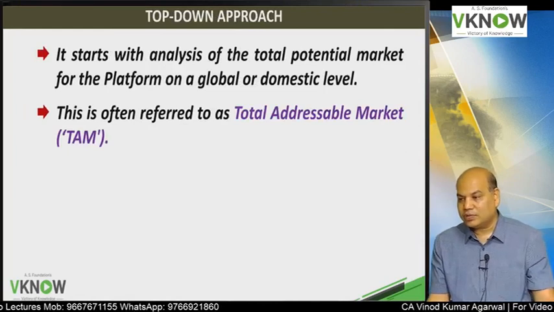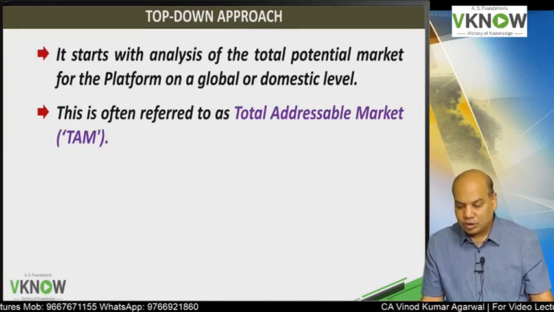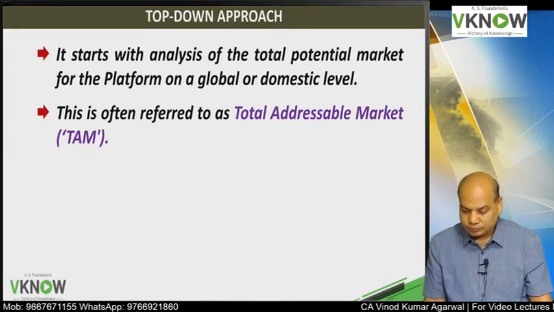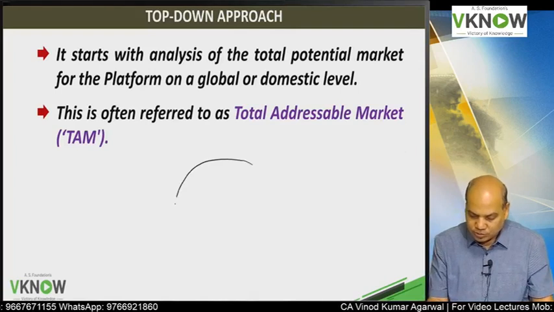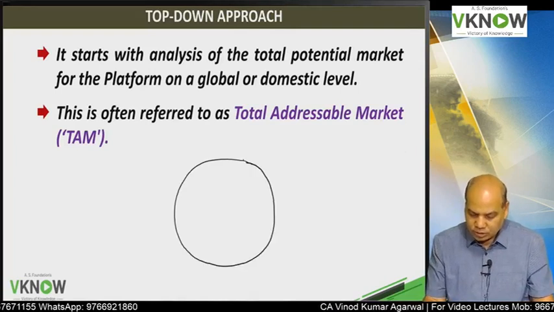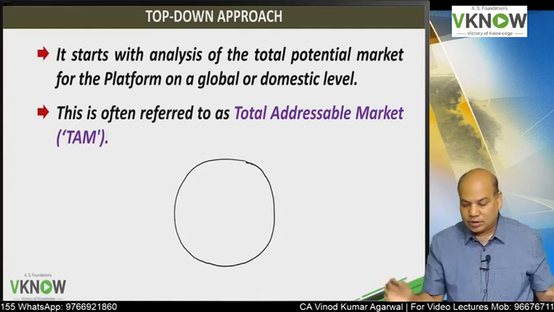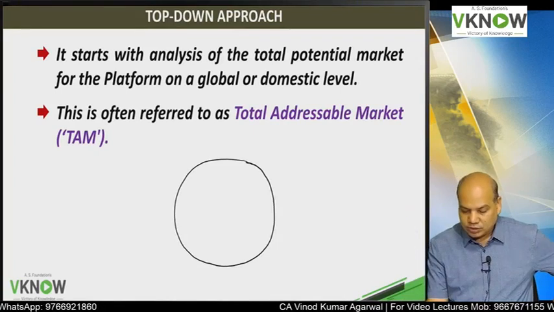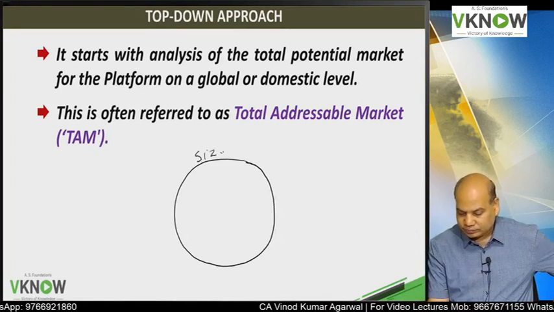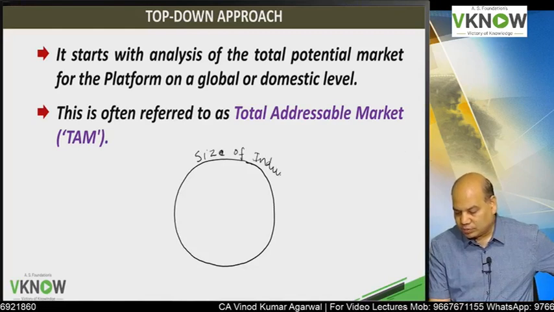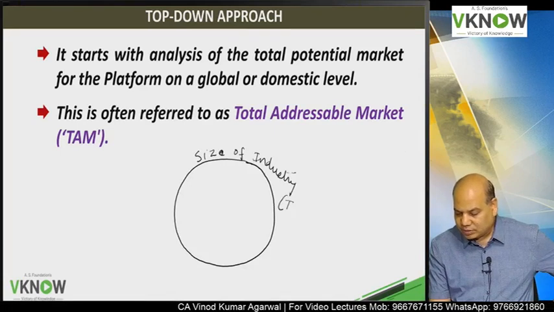The second method which they have mentioned is called the top down approach. Top down approach means you first look at the whole industry. What is the size of the industry, which in their lingo they call TAM.